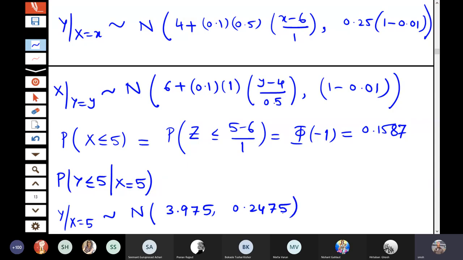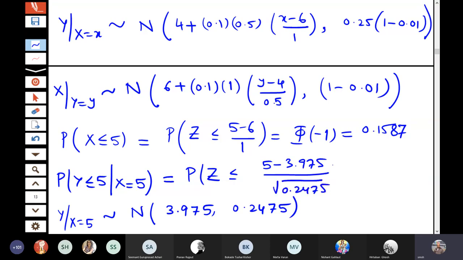So this is the distribution here. This probability then becomes z less than or equal to (5 minus 3.975) divided by square root of 0.2475. Of course, you can easily check what it is, 0.206, and from the tables of the normal distribution, it is approximately 0.98.